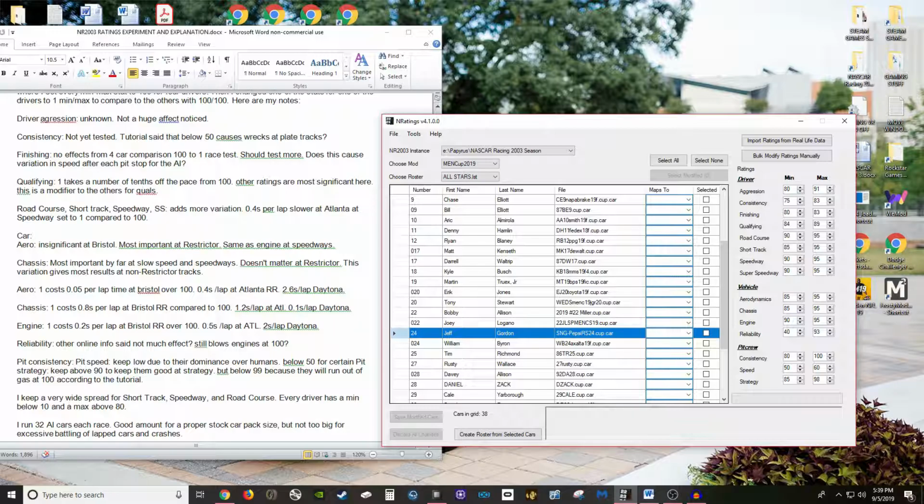The car, let's look at this. The aerodynamics play a huge role in a lot of the NASCAR Racing 2003 game. For short tracks, obviously, aerodynamics doesn't make that big of a difference because you're not going 200 miles an hour, so aerodynamics isn't a key factor at a short track. It can be a key factor at Watkins Glen.